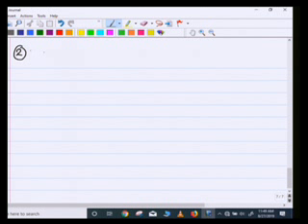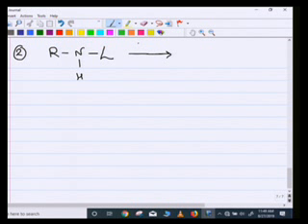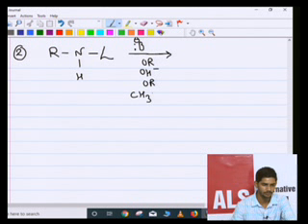Say you have got a pattern like this. This is the L. You can use a base, let's suppose OH minus, or we can say CH3O minus.